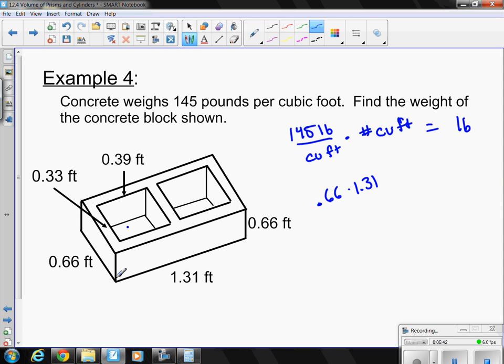It's going to tell me the area of what I'm going to call the base. Now I have to multiply that by the height, which is also 0.66. So it doesn't matter if you call this the base or this the base. 0.66 times 1.3 tells me this base times the height. And that's going to be the volume of all of it. Then I'm going to have to subtract out something.